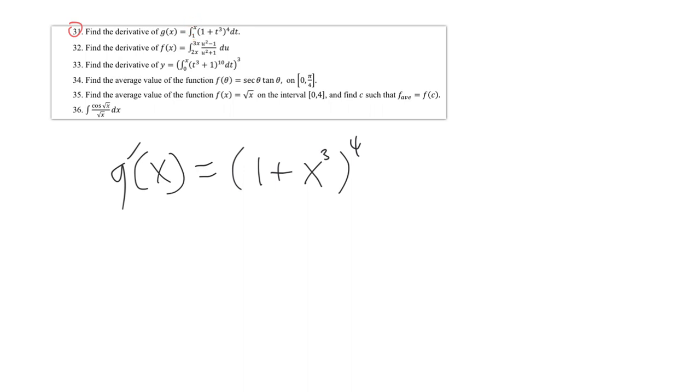Then there's a little tweak that you have to do, which we're going to go over. And there's also a third weird situation where you have an x on the top and the bottom, which we're going to go over. So that requires a tweak as well. But the bottom line is, anytime you have just an x on the top, it's simply a matter of substituting. All right, so that's how it goes. G of x is this, but g prime of x is this. So that's that.